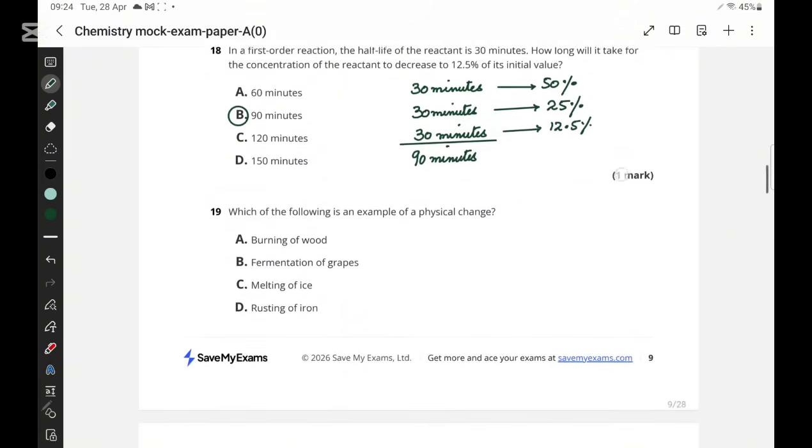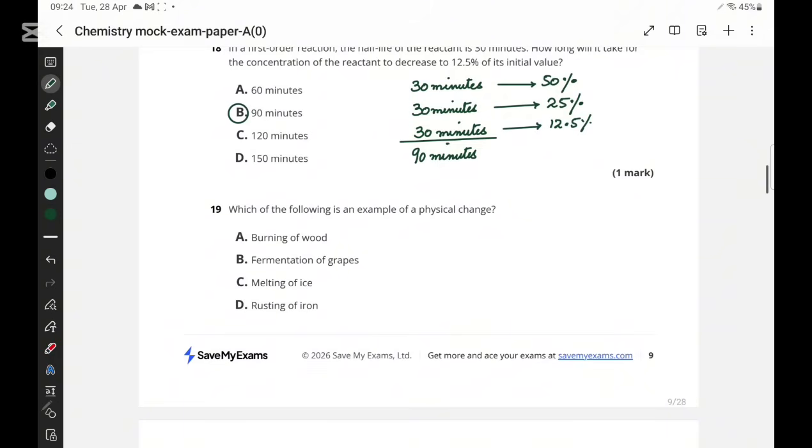Which of the following is an example of a physical change? A physical change is one where the elements are not combined or changed into other compounds. Only the physical state can change, but no chemical reaction occurs. Burning of wood is not, because after burning you form carbon dioxide and water.